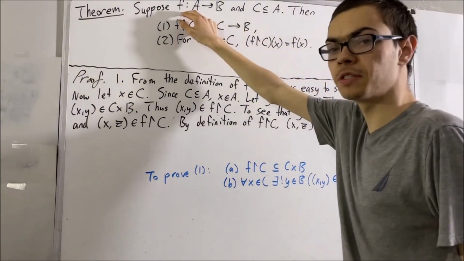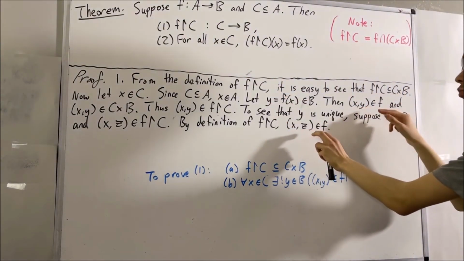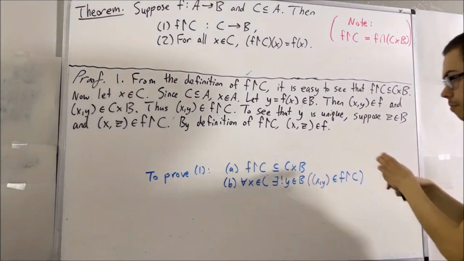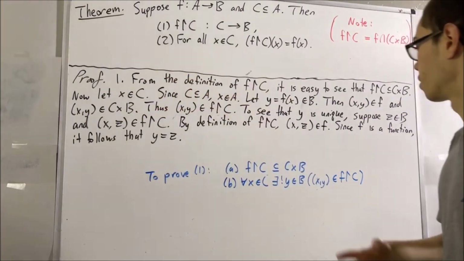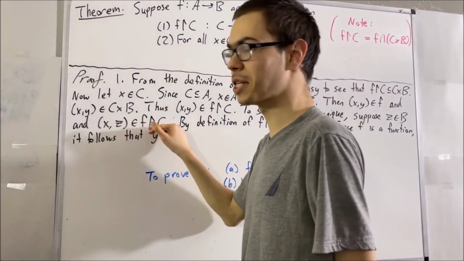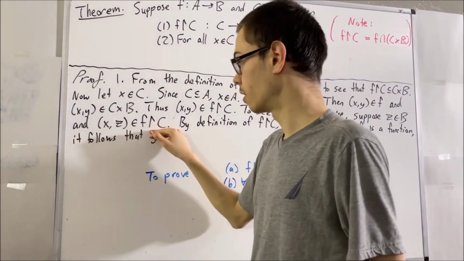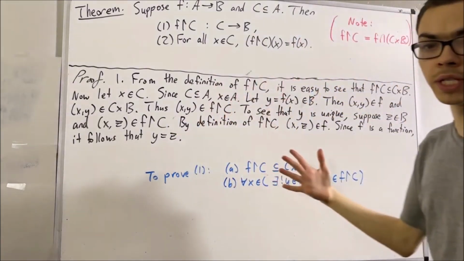Since f is a function, x must map to a unique value. In other words, we must have that y is equal to z. So we gave ourselves an arbitrary element in B that satisfies the same condition that y satisfies, and we proved that it must be equal to y. That proves that y is unique.